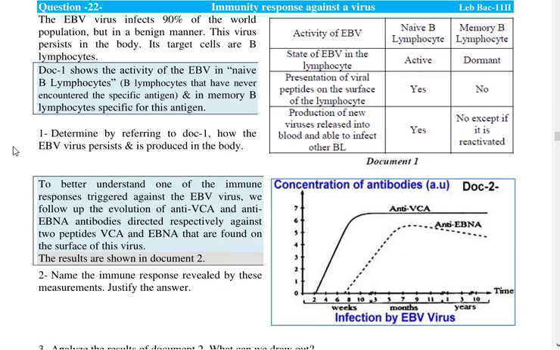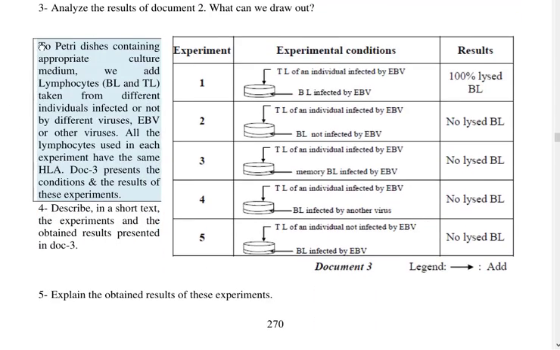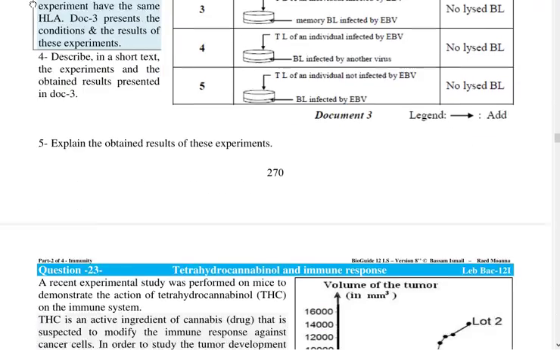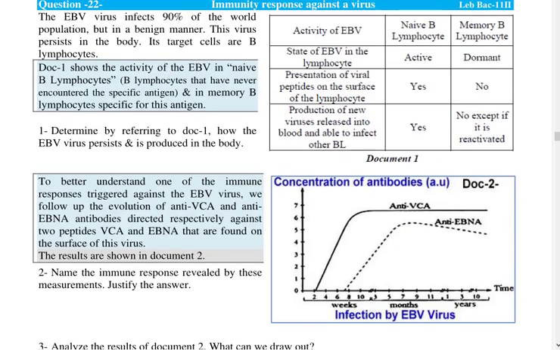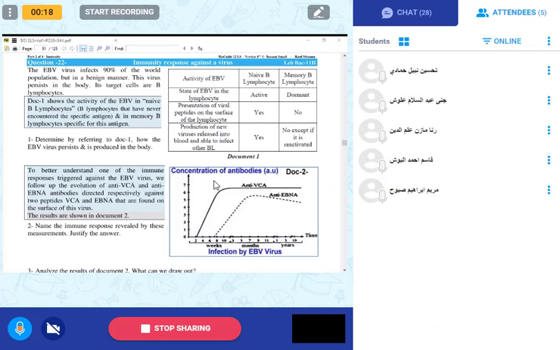Immunity response against a virus. Okay, طيب I will read this part. The EBV virus infects 90% of the world population, but in a benign manner.